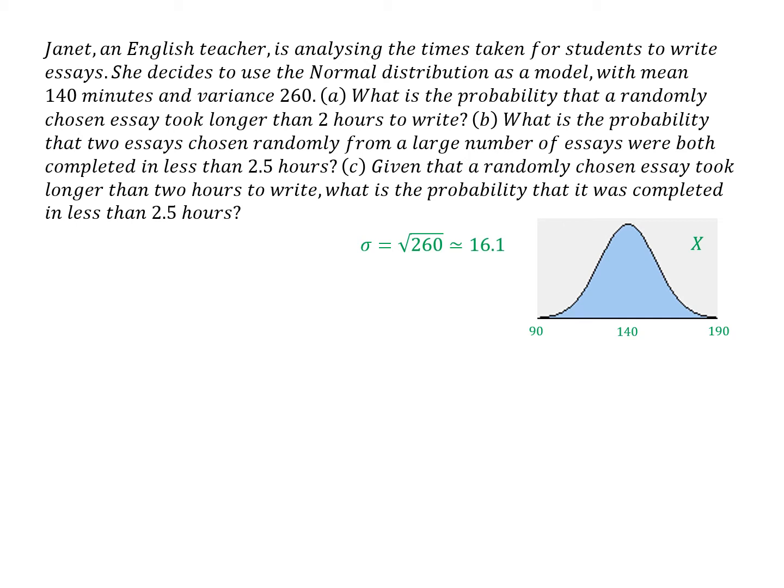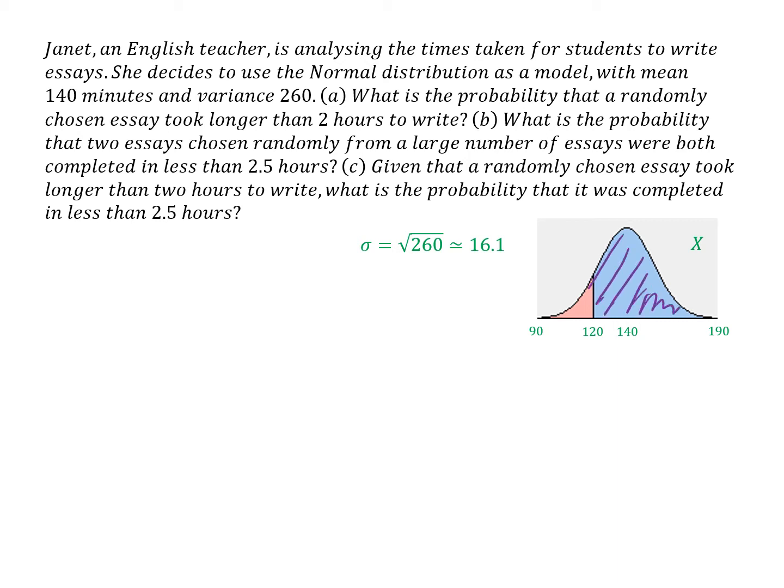So for part A, I'm looking for the probability that the randomly chosen essay took longer than 2 hours. Well, the scale here is minutes, so 2 hours is 120 minutes, longer than 120 minutes. So I'm looking for this area here.